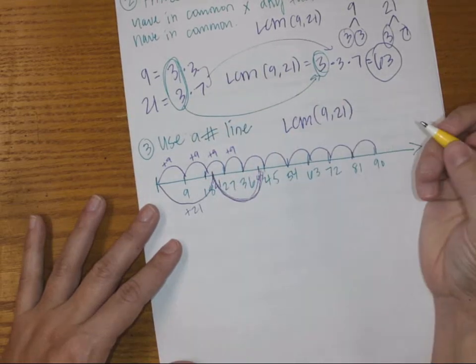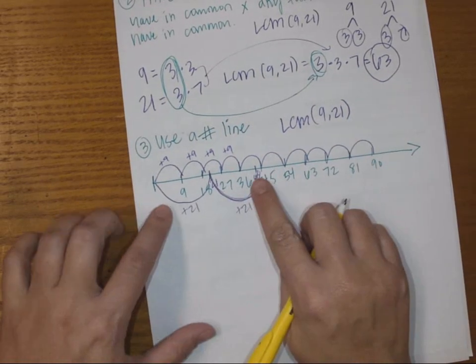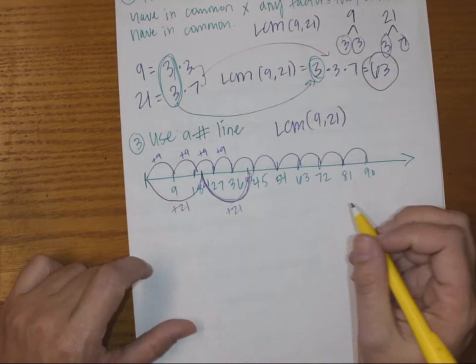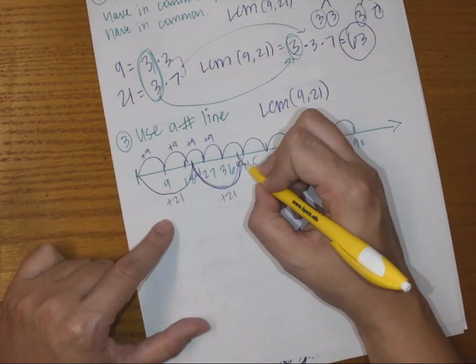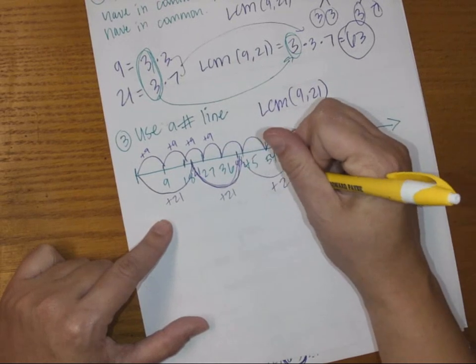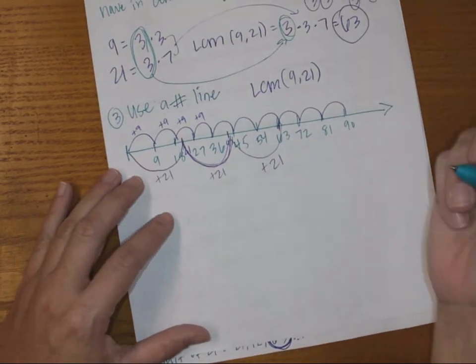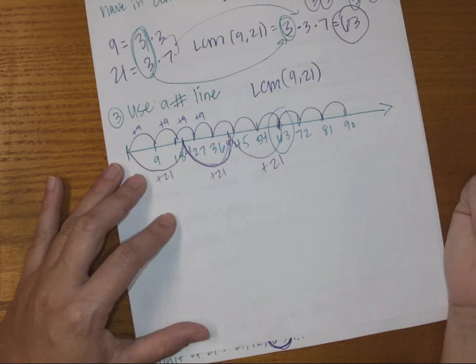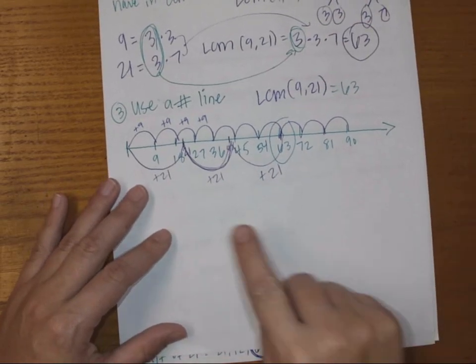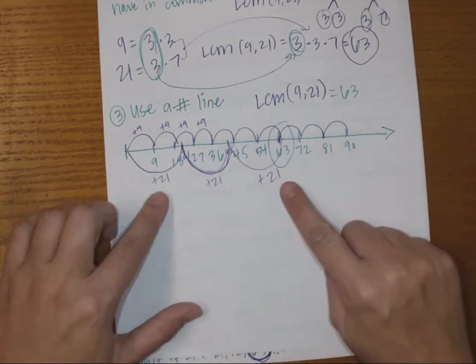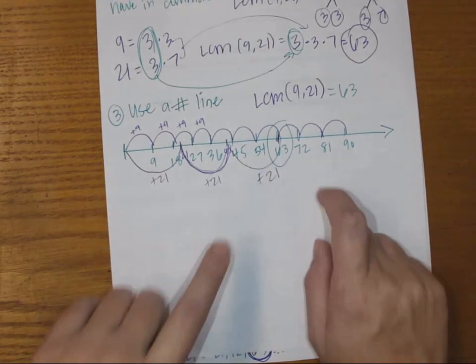I'm not lining up yet. I haven't met the same number. And then 21 times 3 is 63, which is right here. And that is the one they have in common. So the least common multiple is 63. You're just jumping on your number line until they both line up at the same number.